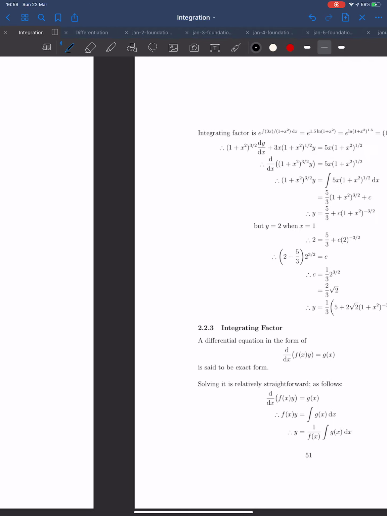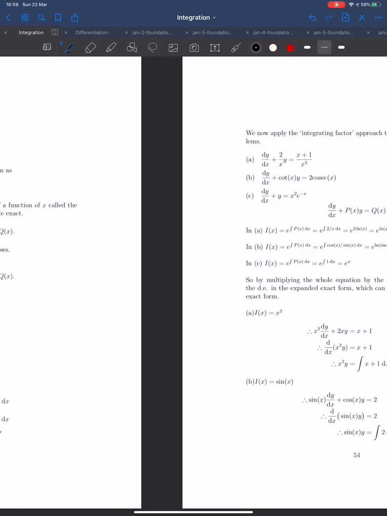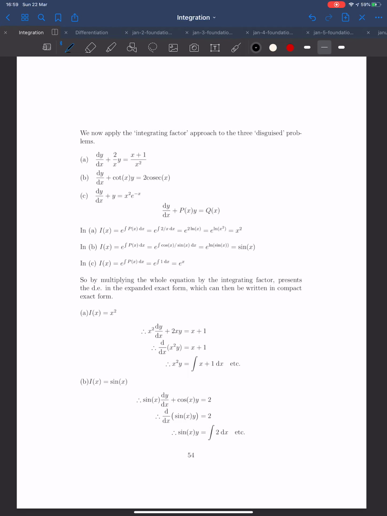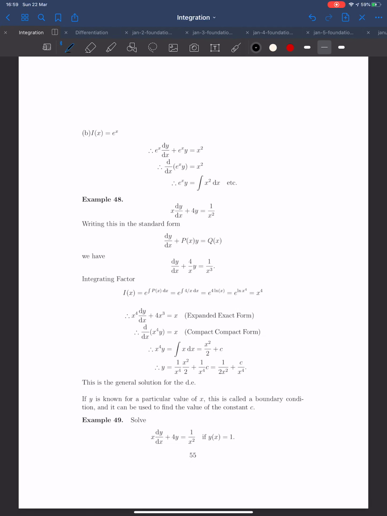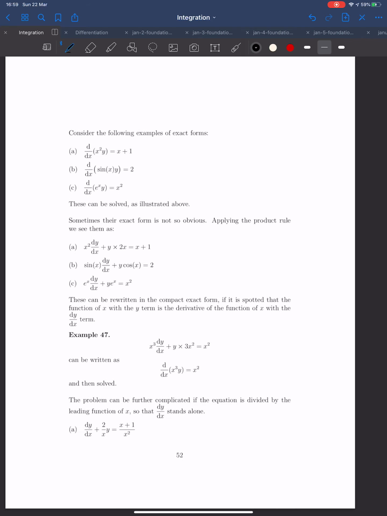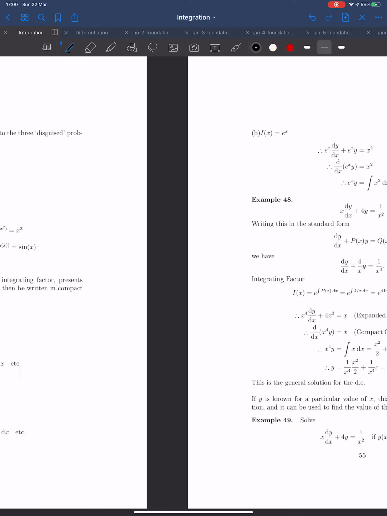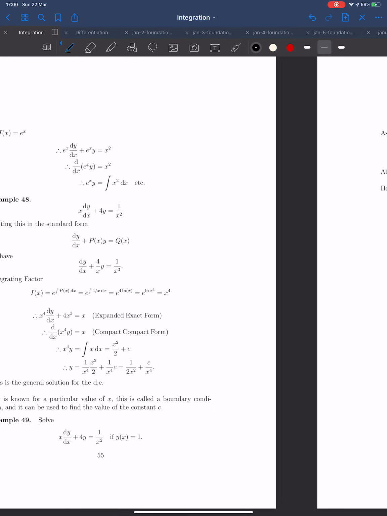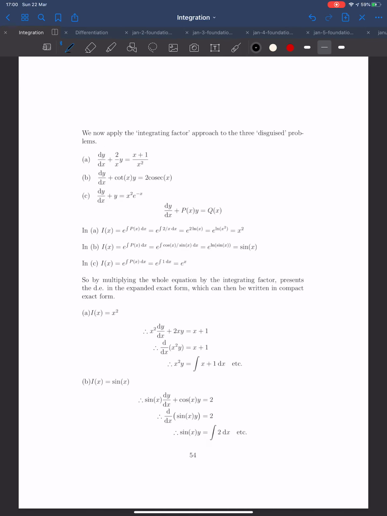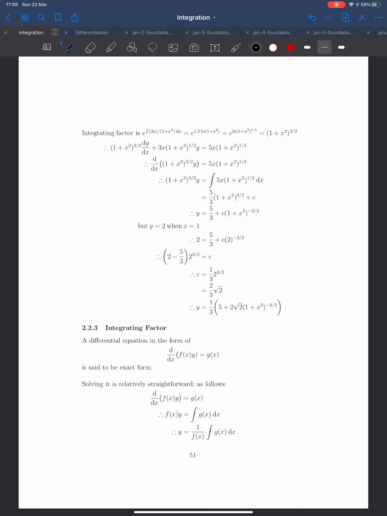Okay, what we've got, example 45, 46. I think they repeat themselves at the end actually. Just have a little look through and see where we're going with these. 48, 49, example 47.